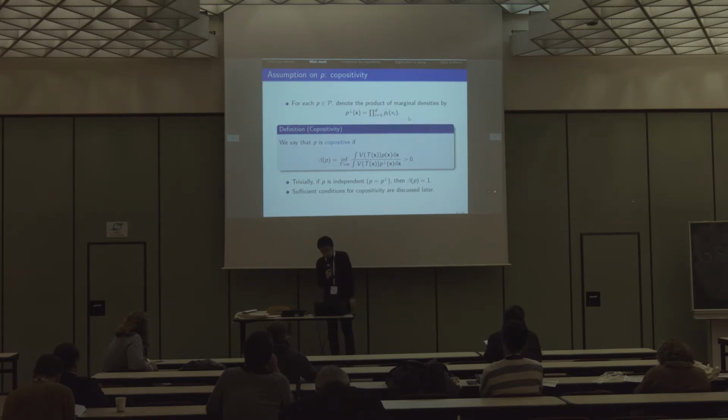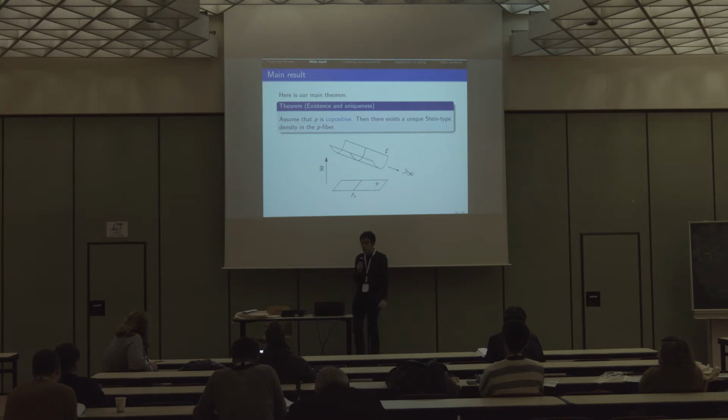Then we say that the density p is copositive if the following inequality holds. This is some infimum of the ratio given by this. And if p is the independent density function, then this quantity is 1, so it is copositive. Sufficient conditions for copositivity are discussed later.